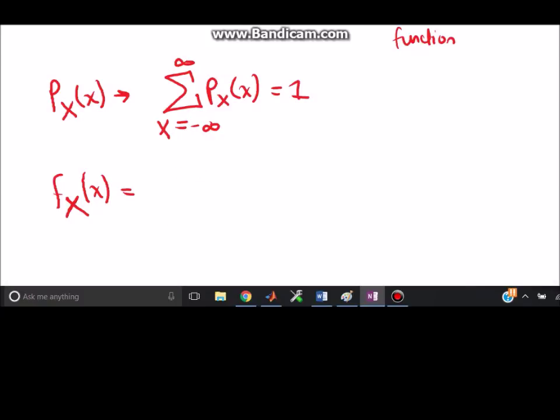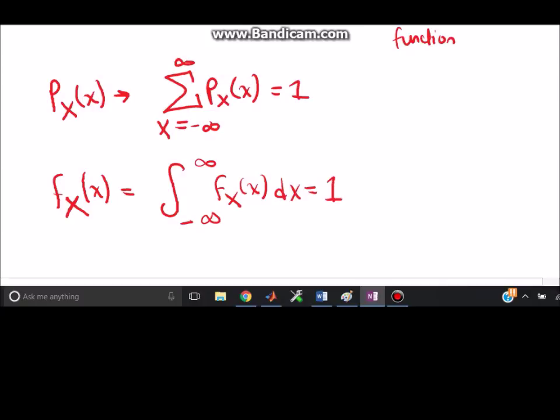So for a continuous random variable, we take the integral from minus infinity to infinity of fx of x dx, and that should equal 1. So the area under the curve for a probability density function should sum up to 1, while the sum of each element of a probability mass function should sum up to 1.